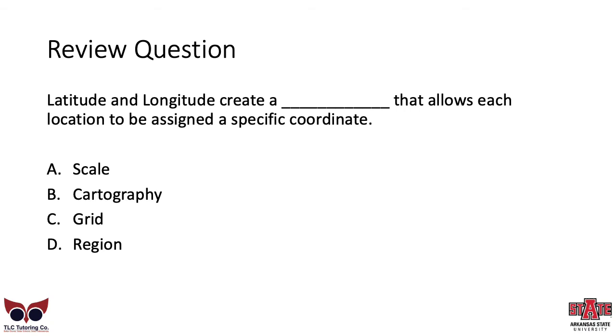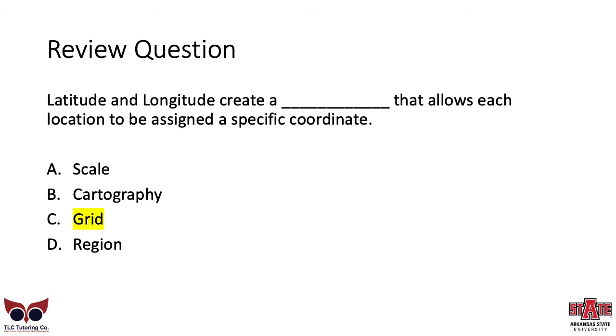Review question. Latitude and longitude create a blank that allows each location to be assigned a specific coordinate? A. A scale, B. A cartography, C. A grid, or D. A region?